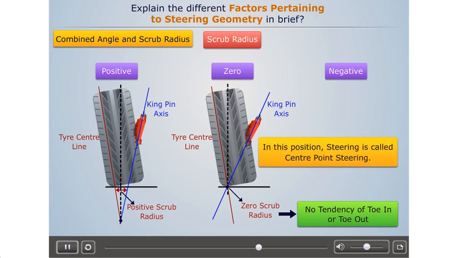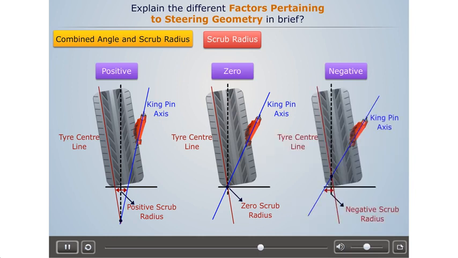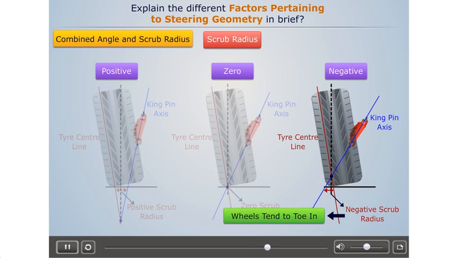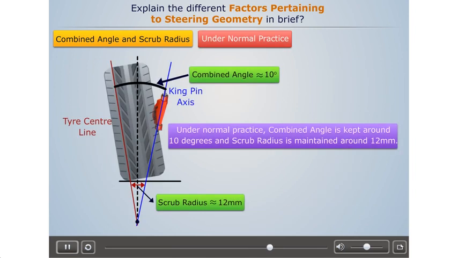In this position, steering is called center point steering. The scrub radius is negative when the kingpin axis meets the tire center line above the ground. In this case, the wheels tend to toe in. Under normal practice, combined angle is kept around 10 degrees, and scrub radius is maintained around 12 millimeters.